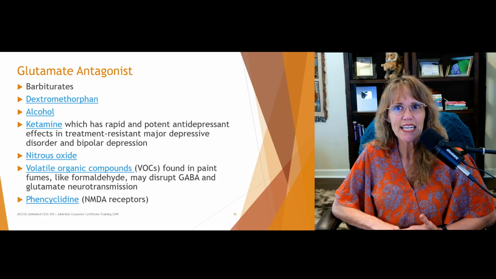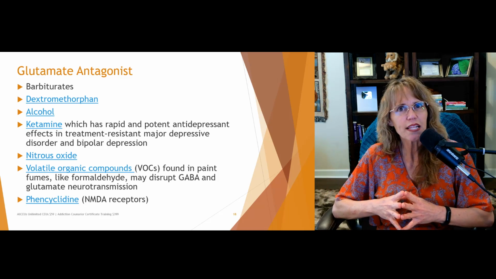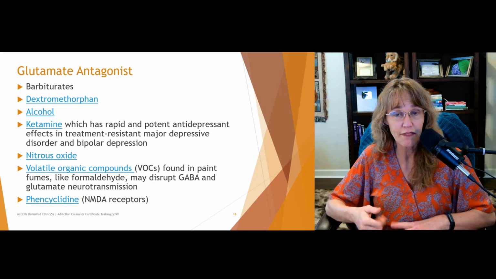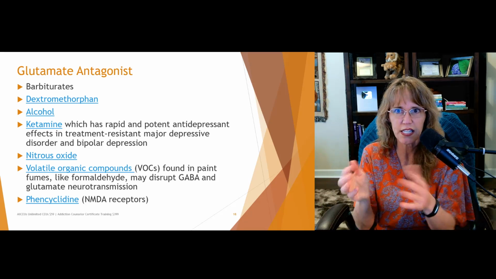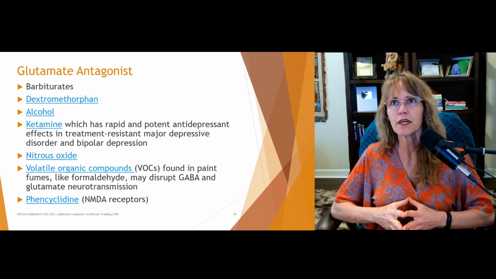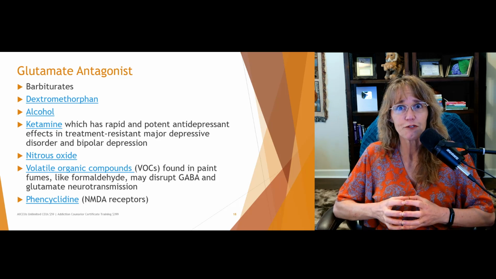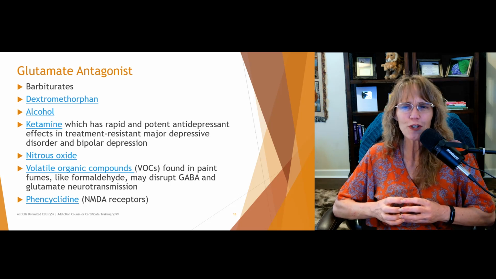Glutamate antagonists. What can you take that lowers your glutamate levels? Well, a lot of these things are also going to increase GABA levels because it's two sides of the same coin. Barbiturates. These are your sedative drugs. Dextromethorphan. We talked about that before class started today.